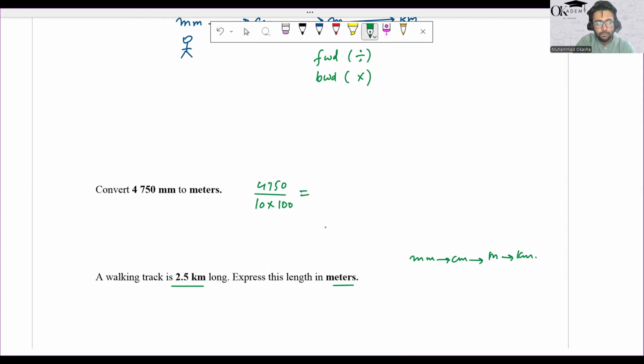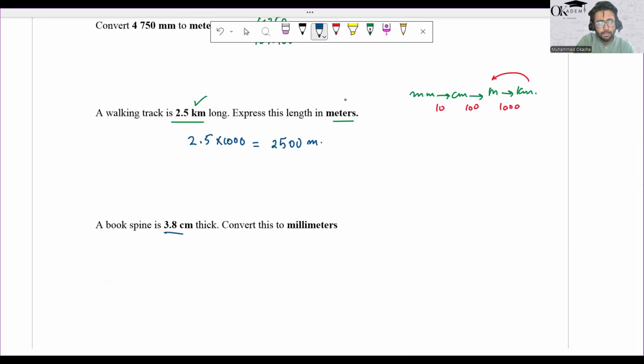You're given a certain quantity in kilometers and you want to go back to meters, right? 10, 100, and 1,000. So to express this length in meters, you're going backward. Backward is multiplication. So you would take 2.5 and multiply it by 1,000 and you would get this quantity in meters, 2,500 meters. As simple as that.